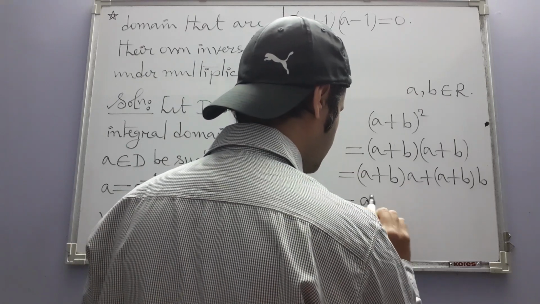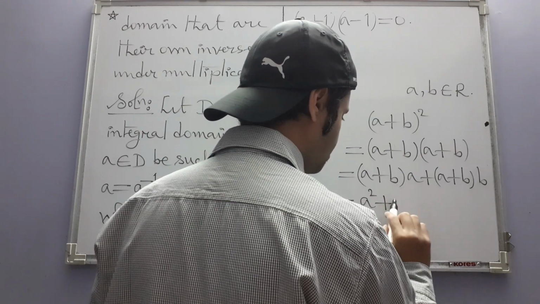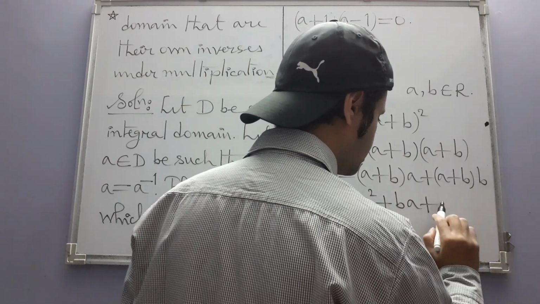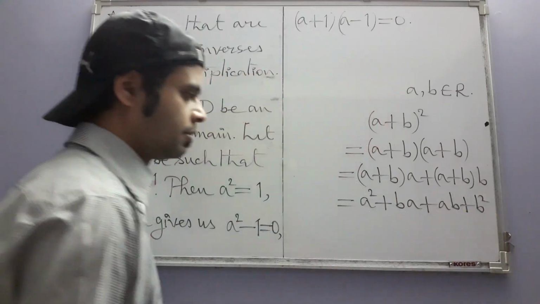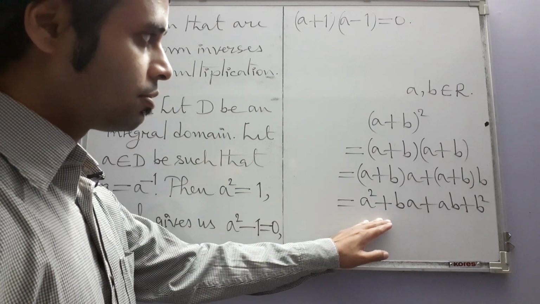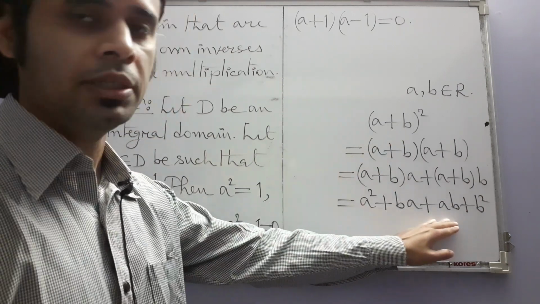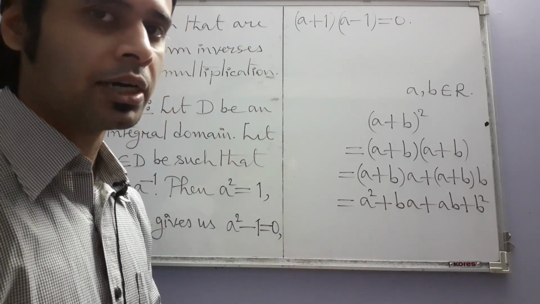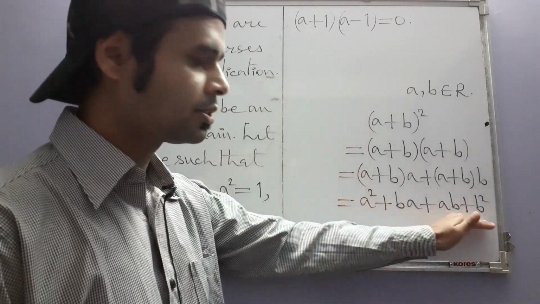You then have A times A, which of course you can write as A square, plus B times A, BA. Here also you use the right distributive law, you get AB plus B square. But unless you know that your ring is commutative, you cannot write 2AB here, because AB and BA may be different. Say you are in a matrix ring, there the calculation stops here.